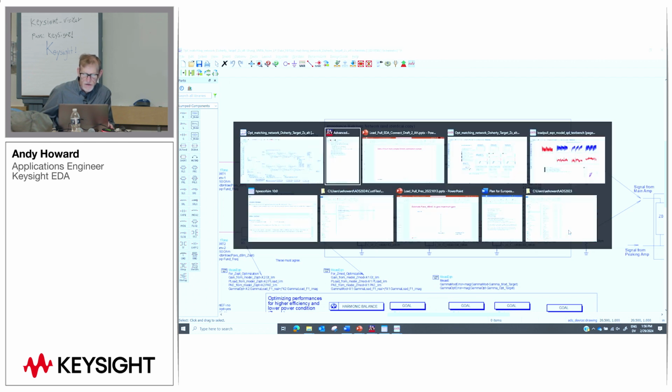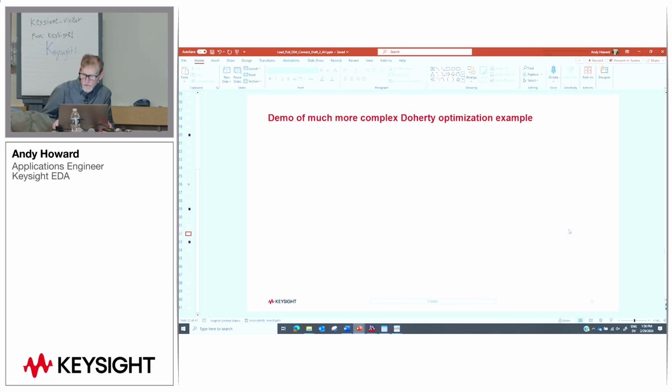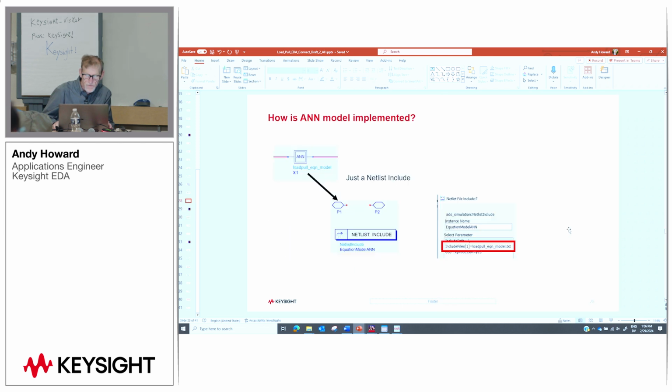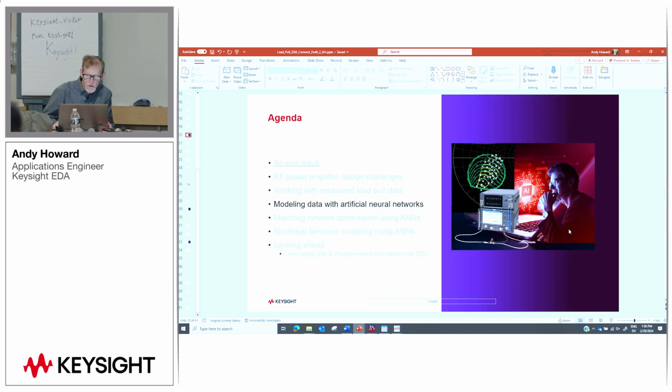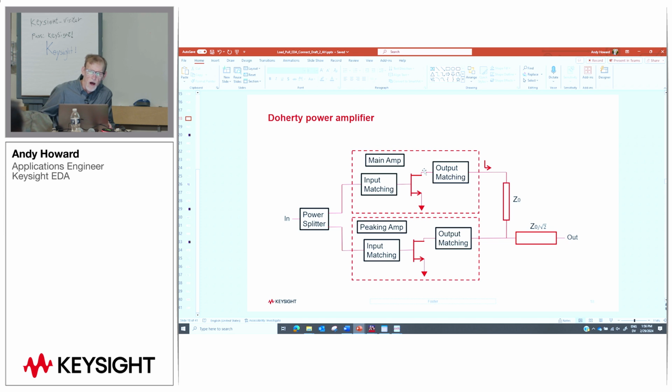And if we go back to the Doherty configuration, this one, okay. I'm basically trying to optimize this matching network under the two different load conditions.